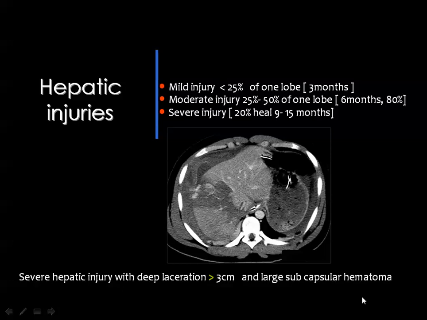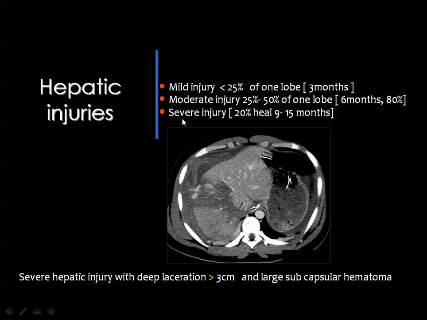And this is the expected healing of the hepatic injuries. A mild injury, which is compromising less than 25% of one lobe, is expected to heal within 3 months, while moderate injury, which represents about 25 to 50% of one lobe, may heal in about 6 months, with an incidence of about 80% of the cases.